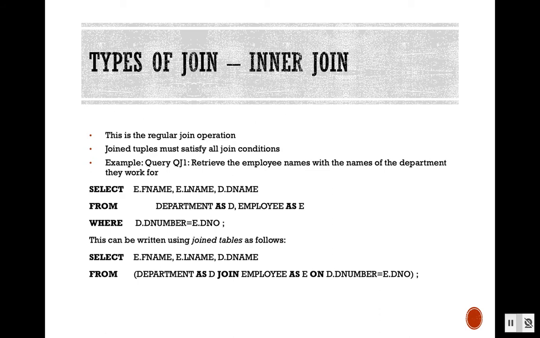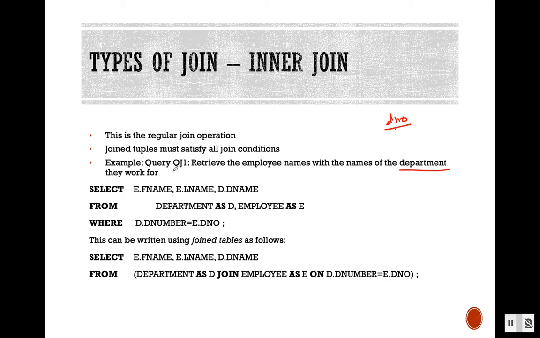Let's see one example. Say we want to retrieve the employee names with the names of the department they work for. We can find the employee name in the employee table, but the employee table has only the DNO, the department number where they work.